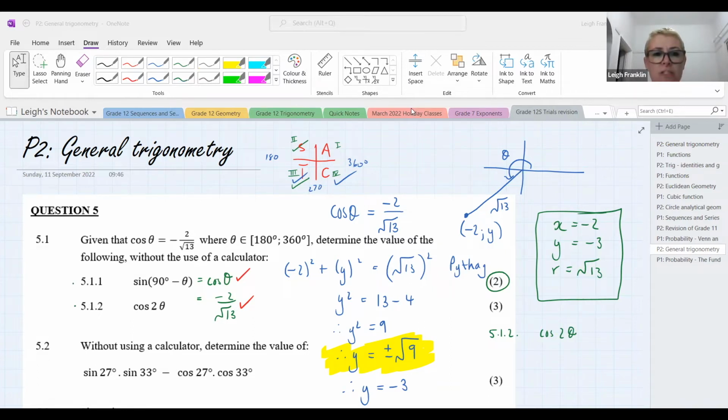Okay, you're going to expand your double angle, absolutely. You're going to use your double angle formulae. So now you need your double angle formulae. Have you got a formula sheet with you? What are we going to write cos 2 theta as? We've got 3 options.